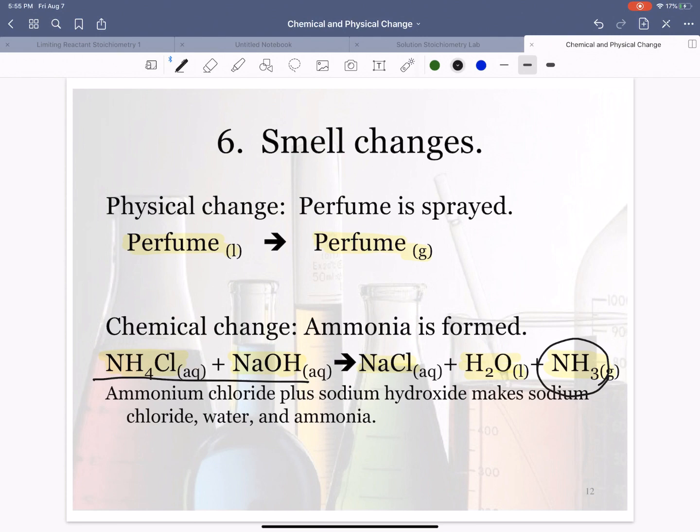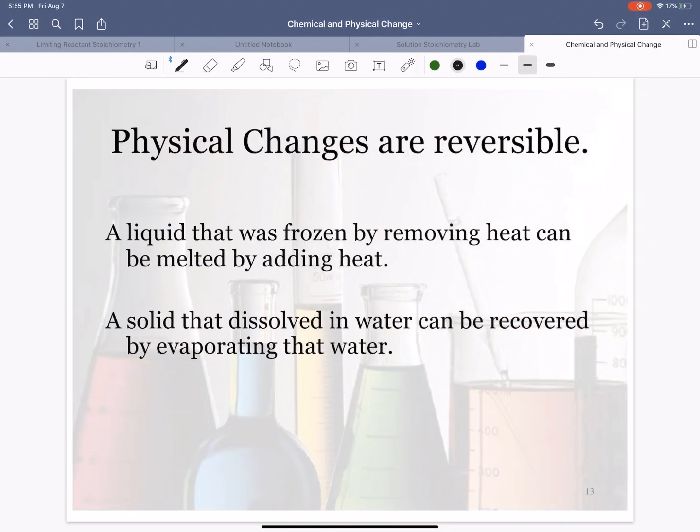Does that mean it was a physical change or a chemical change? Depends. We have to consider the smallest unit. One thing to note is there are 2 kinds of physical changes, and physical changes are reversible. A liquid that was frozen by removing heat, so liquid becomes solid, can be melted, solid becomes liquid, by adding heat.